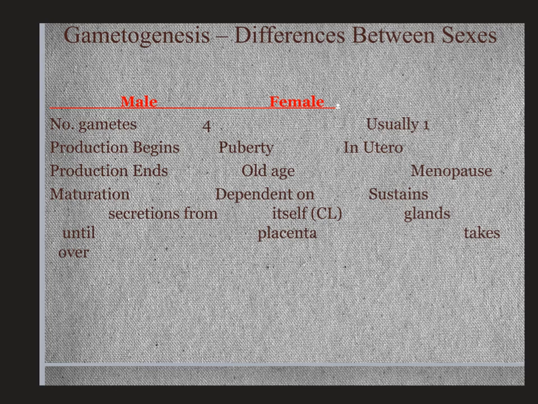So let's go back. We know that for every cell, males are going to make 4 gametes, okay? So 4 sperm. The production begins at puberty. So males aren't making sperm until they hit puberty. And we know that because this is going to signal the secretion of testosterone, which kicks off the system. Now, the next question is, when does production end?